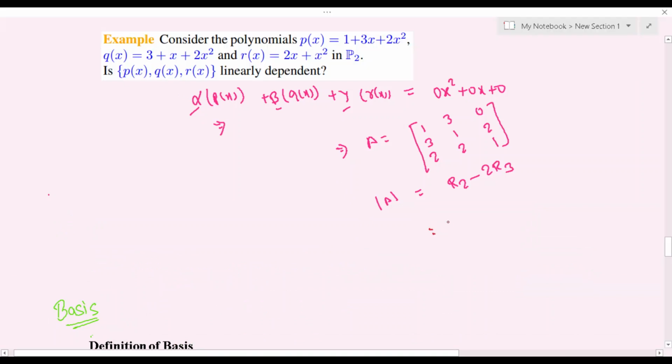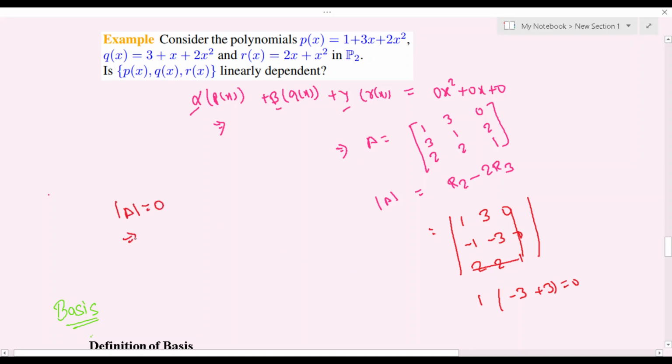Performing this operation, we get 1, 3, 0, then 3 minus 4, that is minus 1, here minus 3, there is 0, and again 2, 1. So what do we get as the determinant? We get 1 into minus 3 plus 3, which is equal to 0. As the determinant of this coefficient matrix is 0, these three polynomials are linearly dependent.